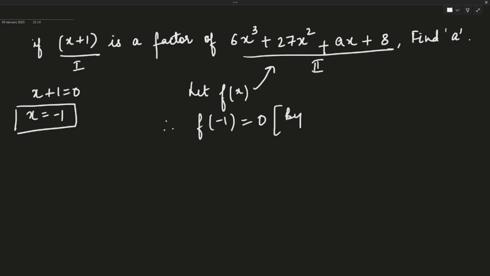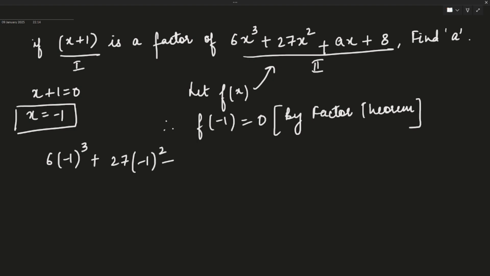So we put minus 1 in this: 6 of minus 1 cubed plus 27 of minus 1 squared plus a into minus 1 plus 8 is equal to 0.